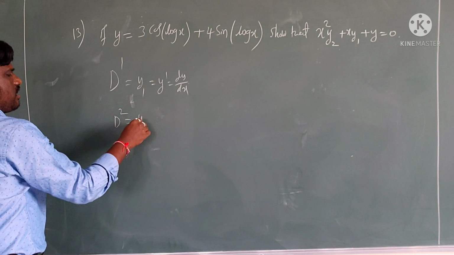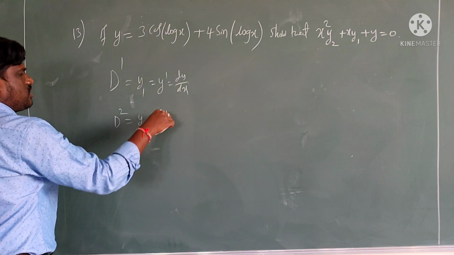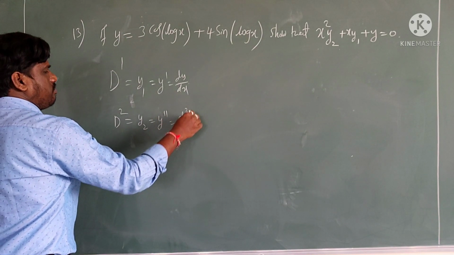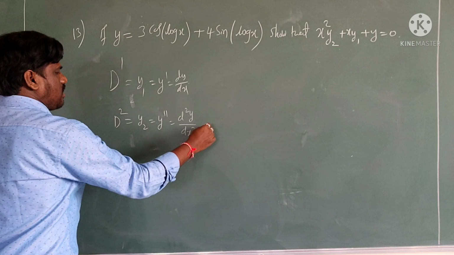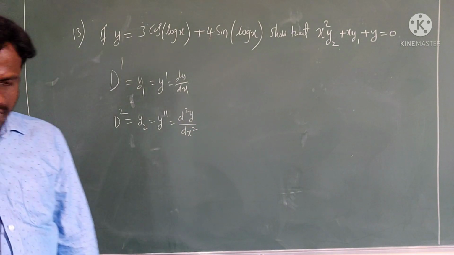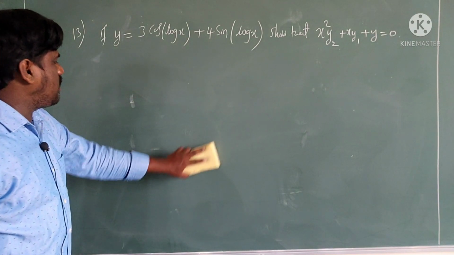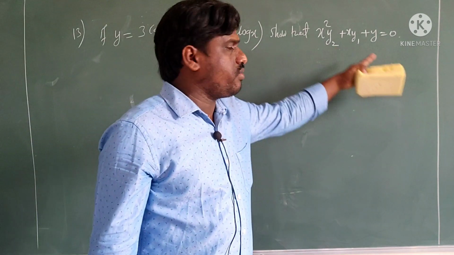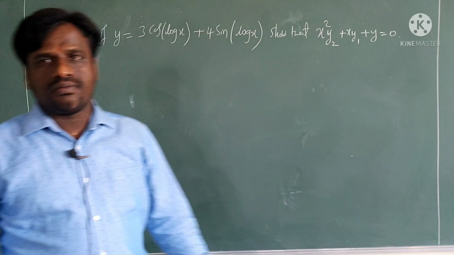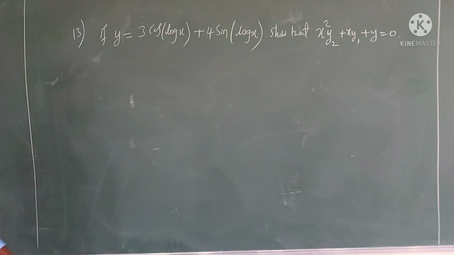And y2, y double dash, or d2y by dx squared, these are called second derivatives. So whenever there is y2, you can think that is the second derivative, and y1 means first derivative.